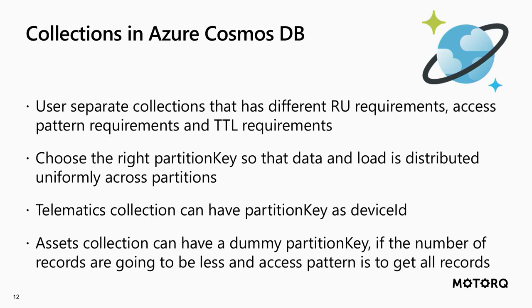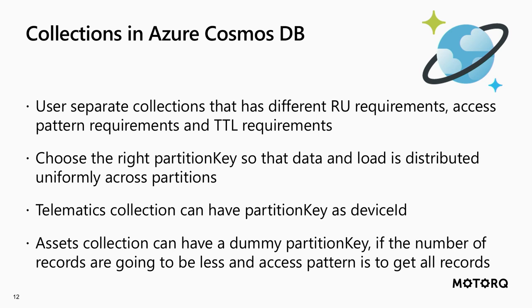While creating collections in Cosmos DB, you need to create separate collections if the RU requirements, the access patterns and the TTL requirements are going to be different. So I have created a telematics collection.